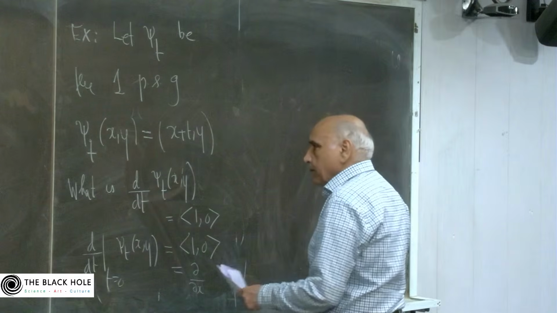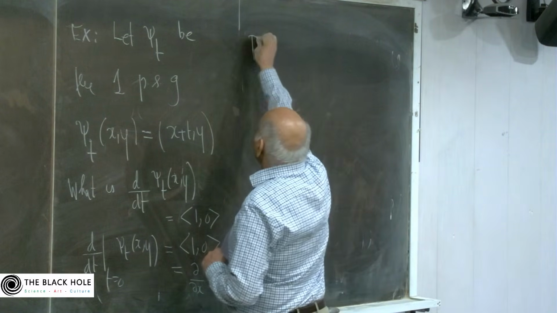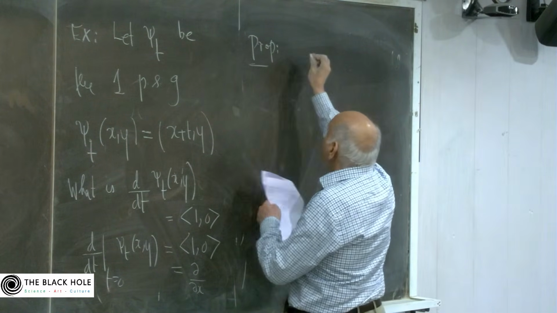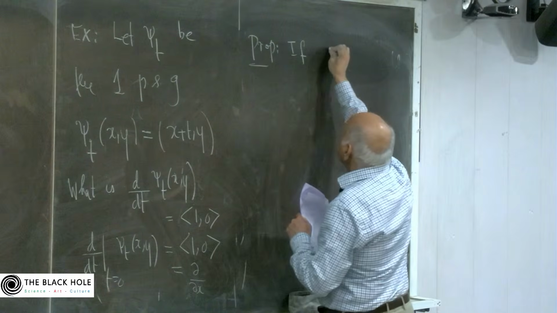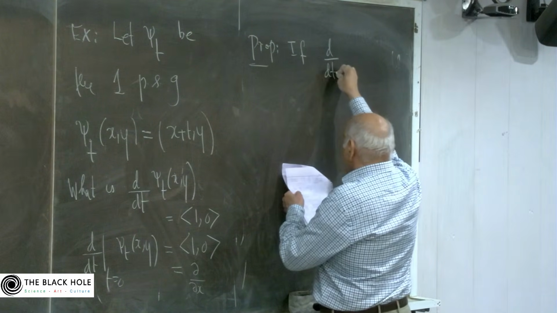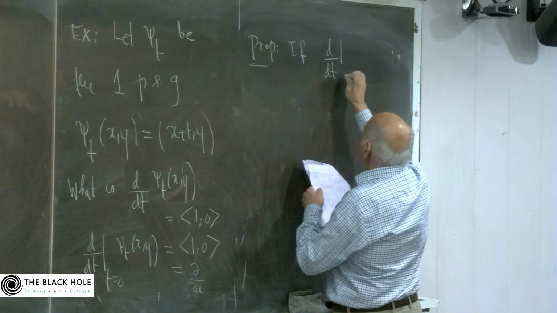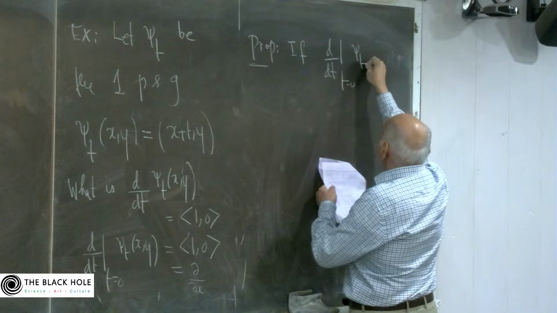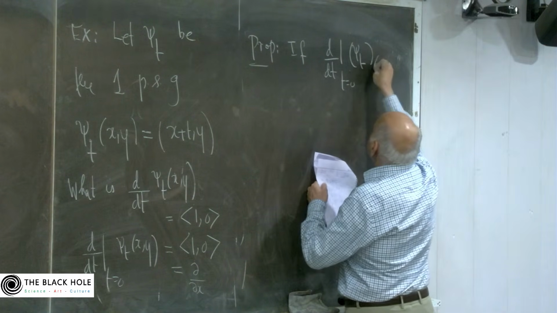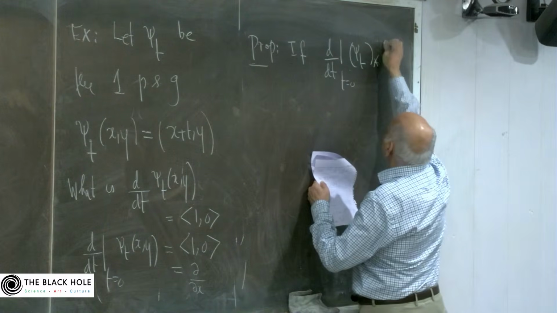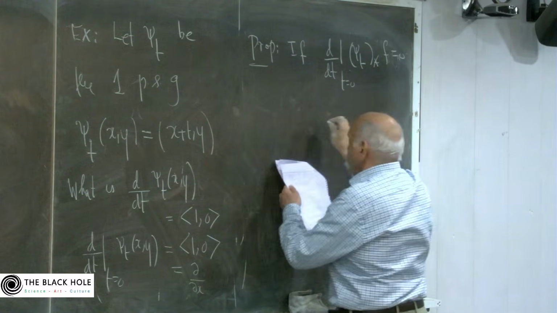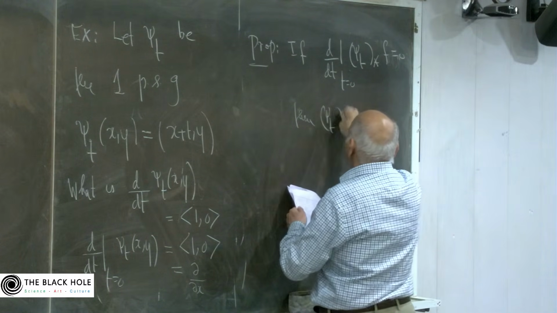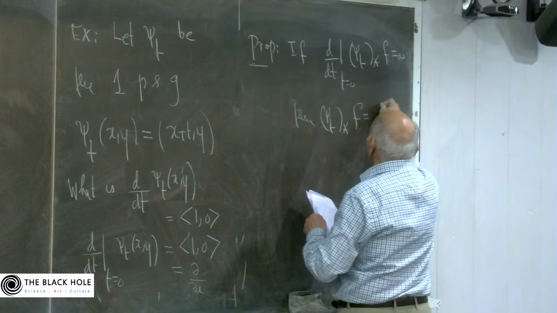Proposition, it's almost trivial. If d by dt at t equal to 0 of psi t star f is 0, then psi t star f is equal to f.